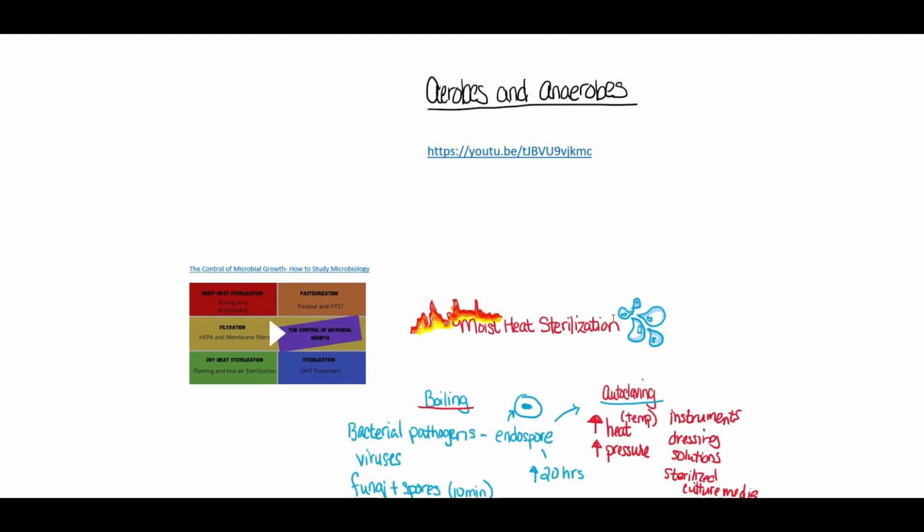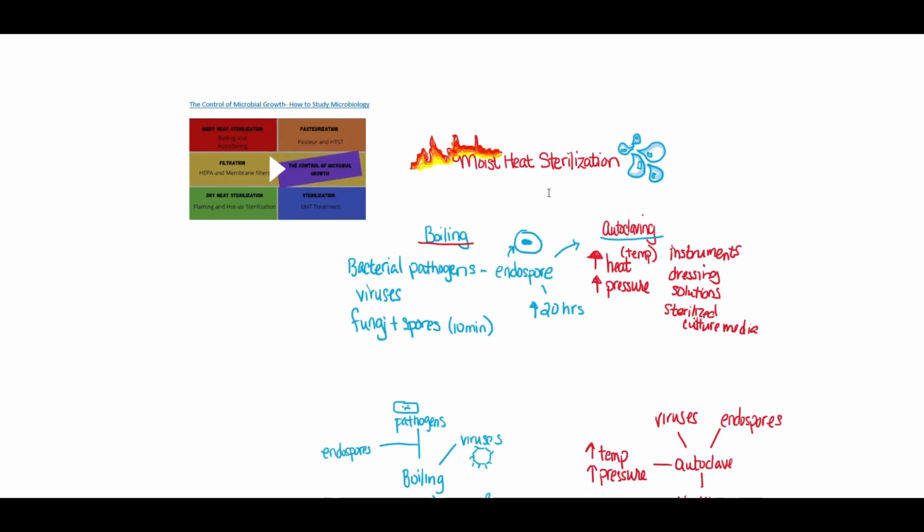So you can watch that. The next one I have is another video that you can watch, and that will be in the description box as well. It's the control of microbial growth, and I go over moist heat sterilization, boiling, and autoclaving.